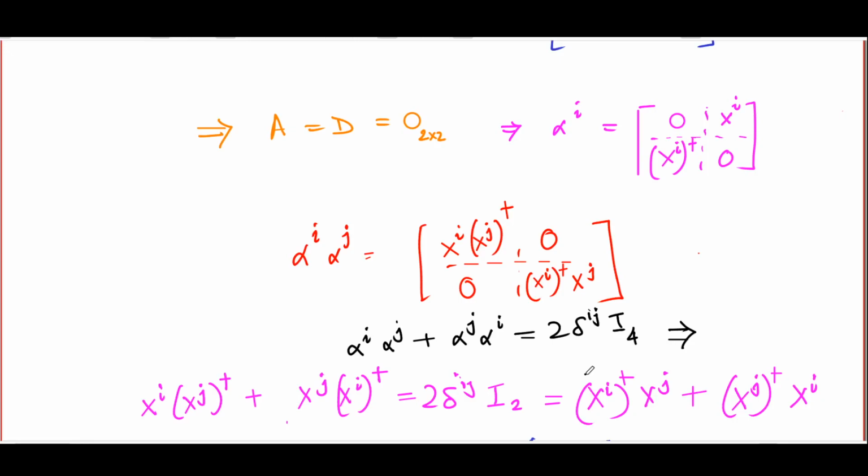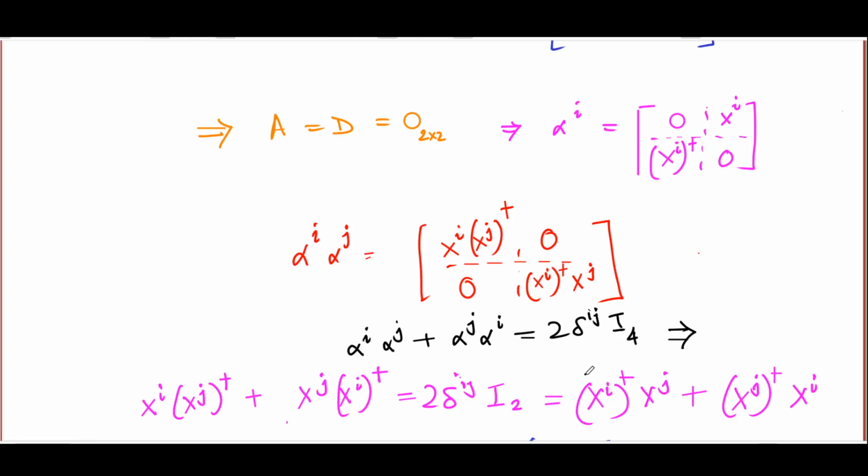If I do that, then both of the demands that we have, the one coming from the top left corner and the other coming from the bottom right corner of the alpha i alpha j plus alpha j alpha i matrix, boil down to the same demand: xi xj plus xj xi is twice delta ij I2. This is great because we already know of 3 2x2 matrices which do satisfy this particular anti-commutation relation.